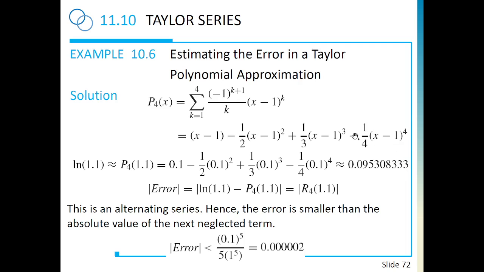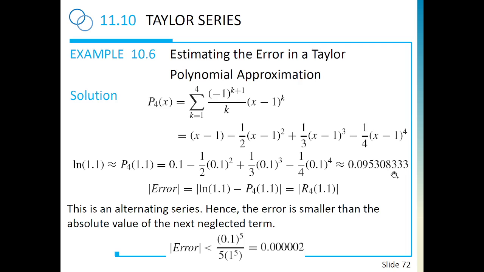How? Well, I plug 1.1 instead of x into this polynomial. You see 1.1 minus 1 will be 0.1. So all of these x minus 1 will be replaced by 0.1. So all I do is just compute using the calculator and I get an approximation. So here, ln 1.1 is approximated by this number here.